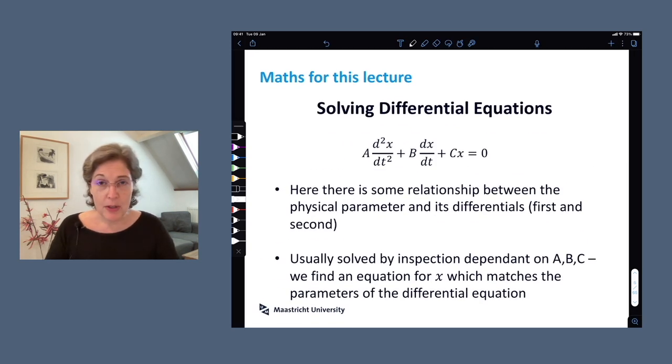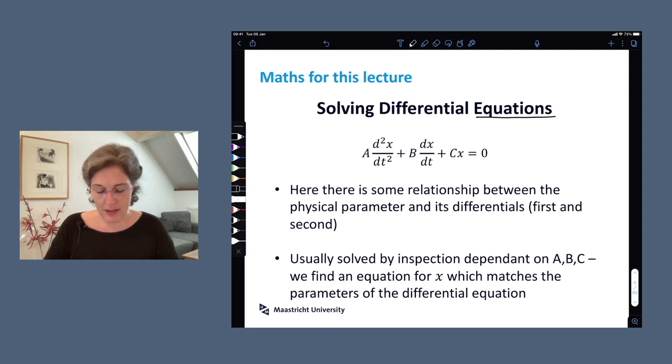So what might be a little bit new is that in this lecture, we're going to be talking about solving differential equations. Now, this is a huge topic which you can carry on doing courses in for the rest of your university career, so we're obviously not going to cover everything, but we are going to do just a little bit around differential equations. So let's start by saying, what is a differential equation? Well, it is an equation, so a sum of mathematical terms that is equated to some other sum of mathematical terms.